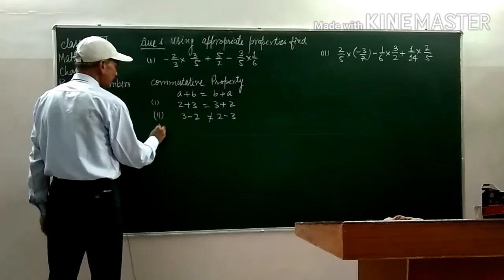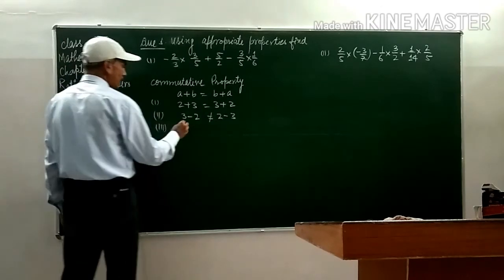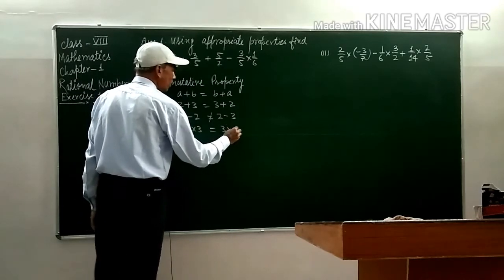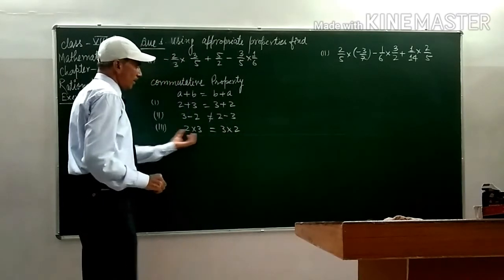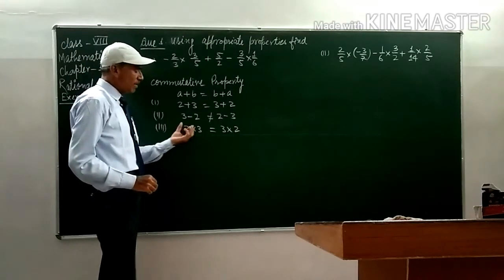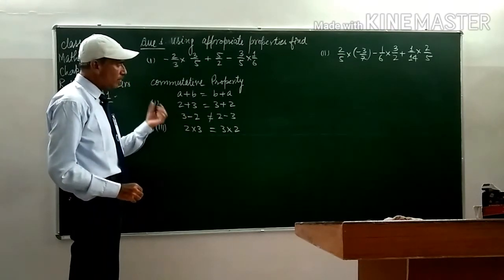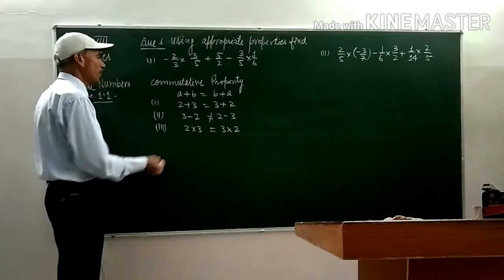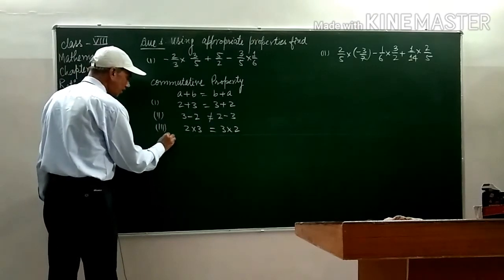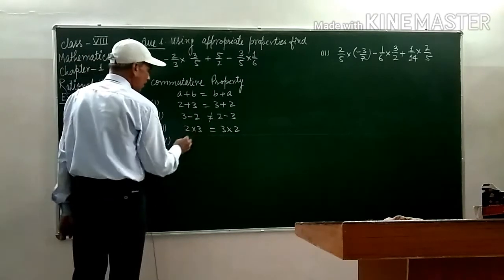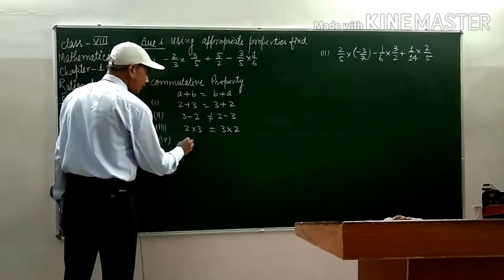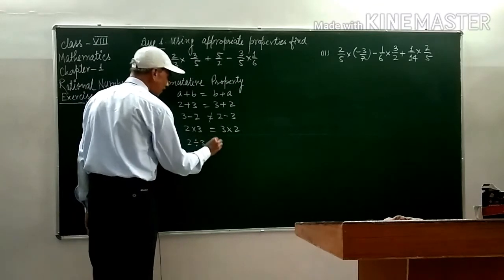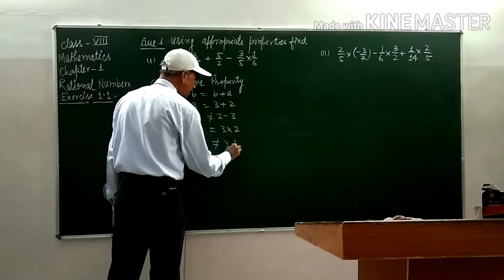And in the third case, we are taking multiplication. Suppose 2 into 3 is equal to 3 into 2, okay students. Multiplication is commutative for rational numbers. And for division, we take again these two numbers: 2 divided by 3 is not equal to 3 divided by 2.